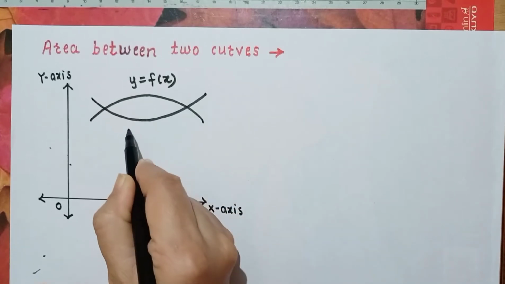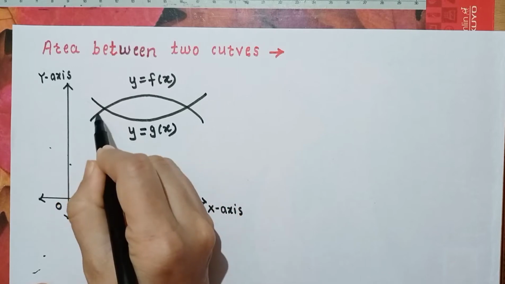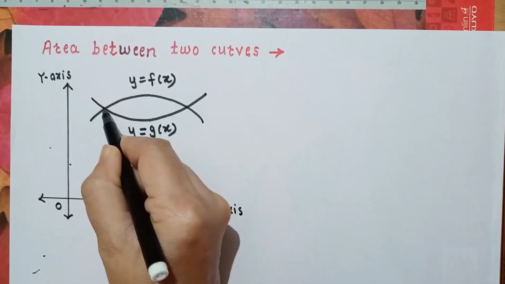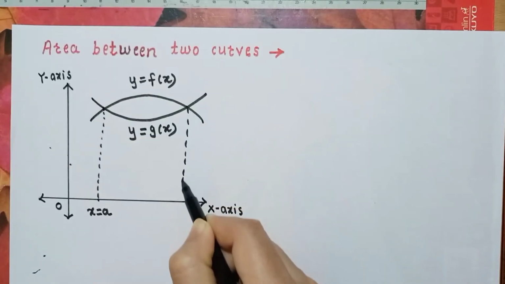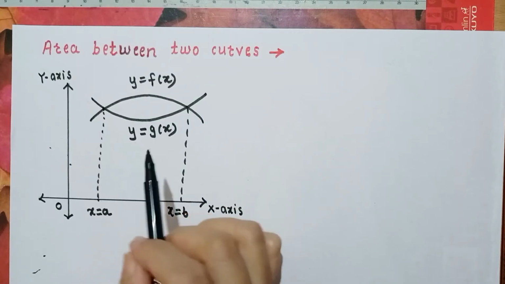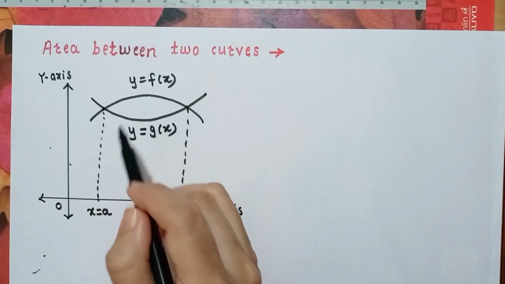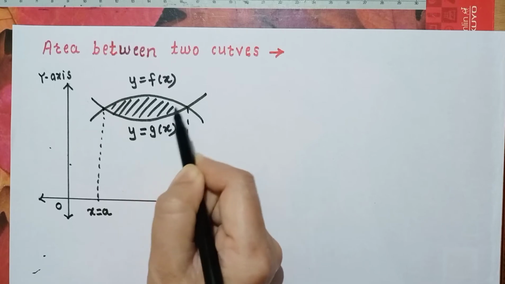Now this curve is y is equal to g(x), and these two points are points of intersection. Let this be x is equal to a, and this point is x is equal to b, and we have to find out the area between these two curves. So this area is this.